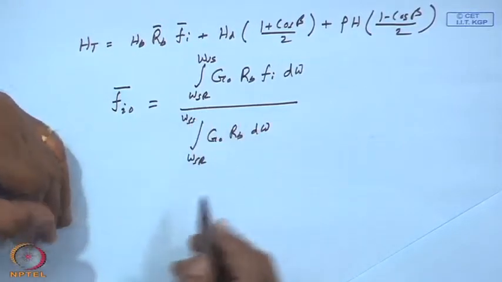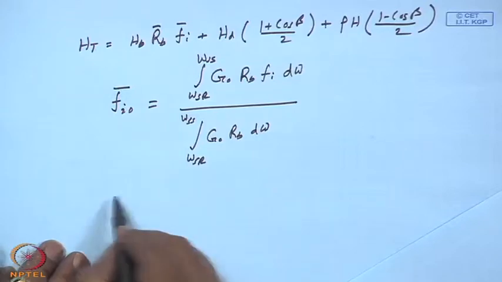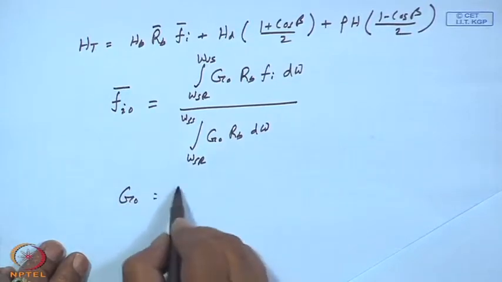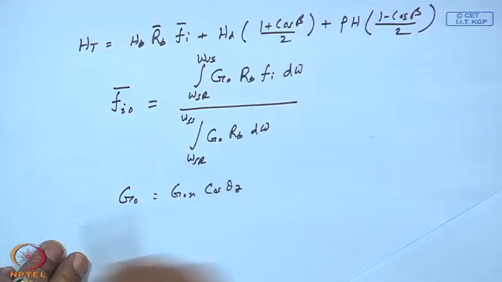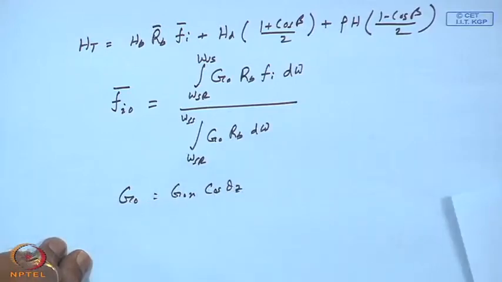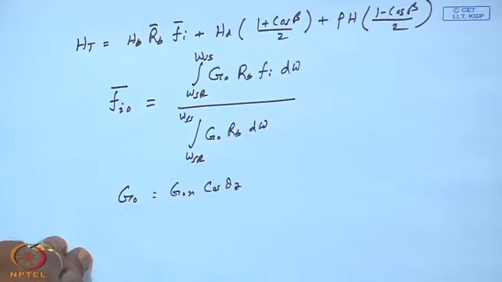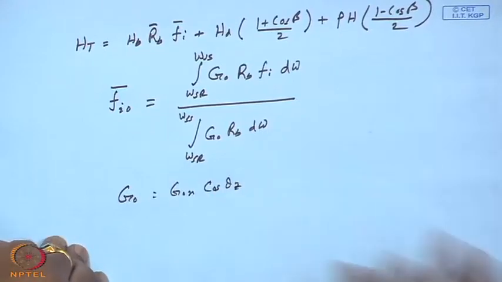G0 we know is equal to G0n cos theta z. That analytical expression is known, and still we do not know Fi, though Rb is known to us.